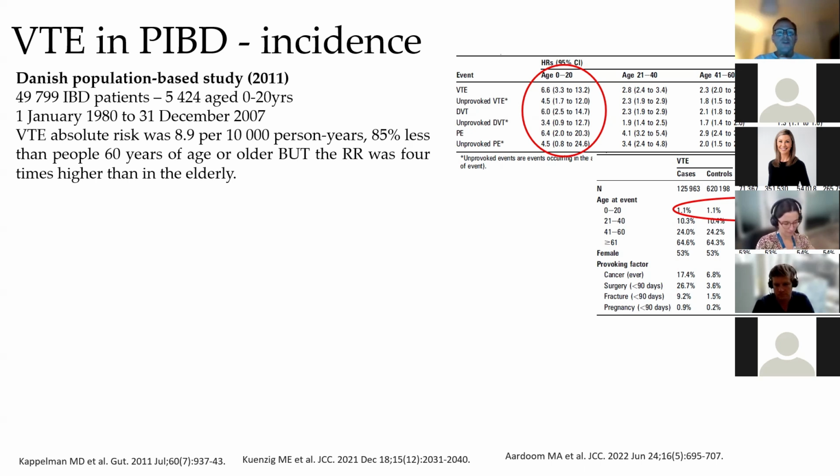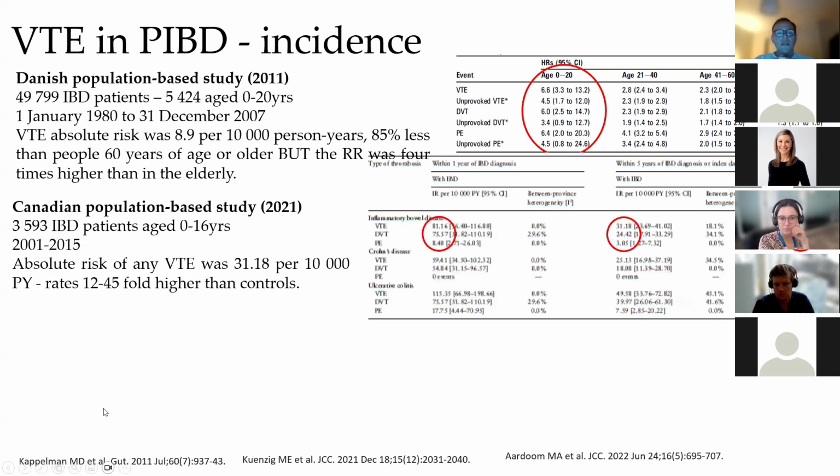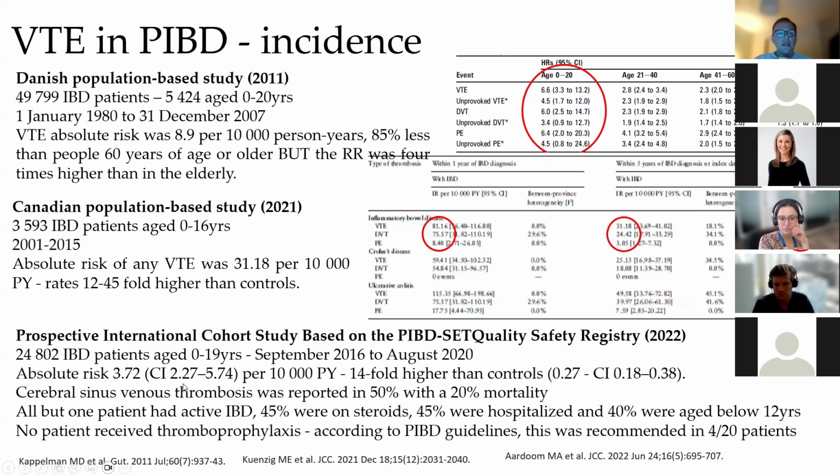So you can see we have a Danish population study first, and then a Canadian study coming next, and then we have the prospective study set up from PIBD set quality, which has brought, I think, the widest data set with some idea of a denominator.